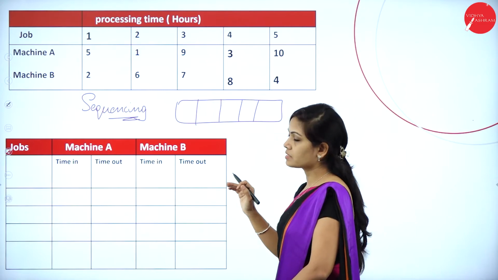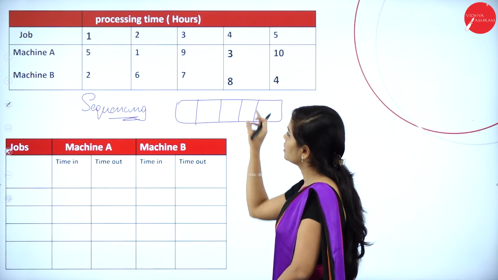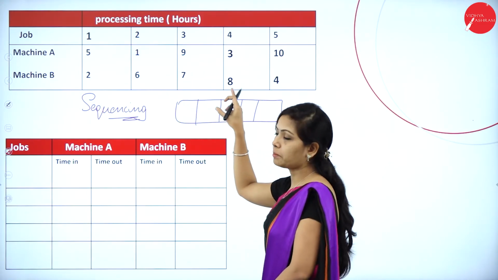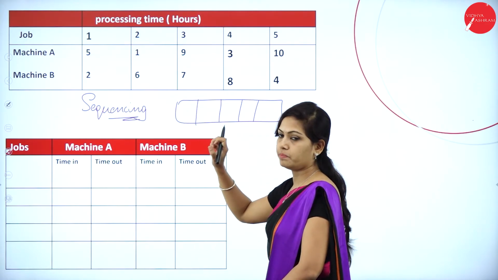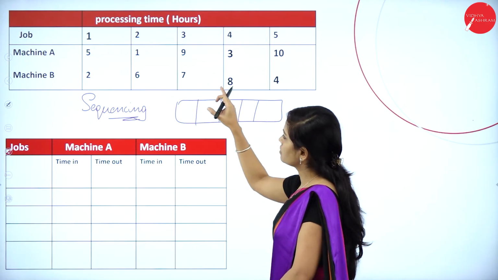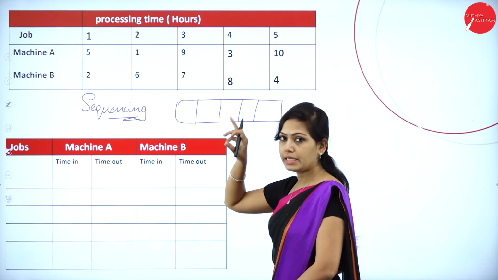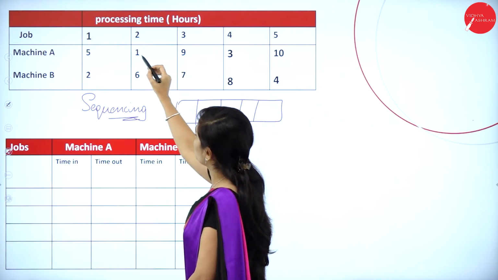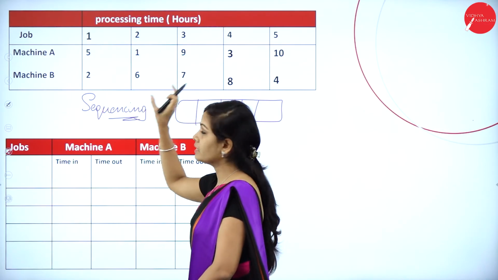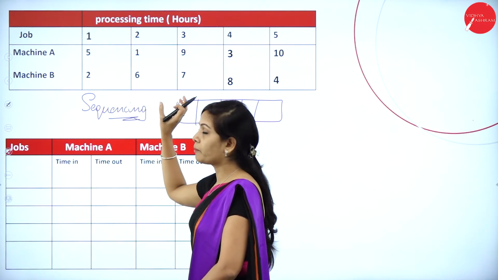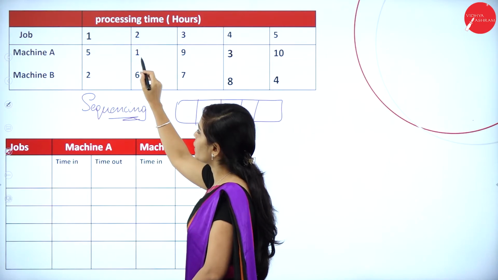The first step is to find the least processing time among machine A and machine B. Which is the least value here? The least value is 1, right? Among these processing times, the least value is 1.